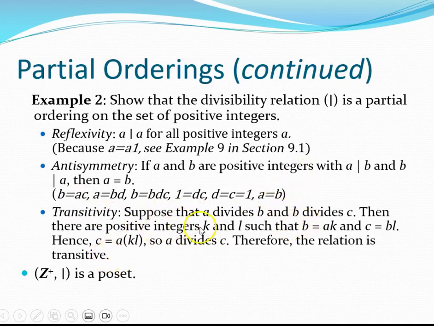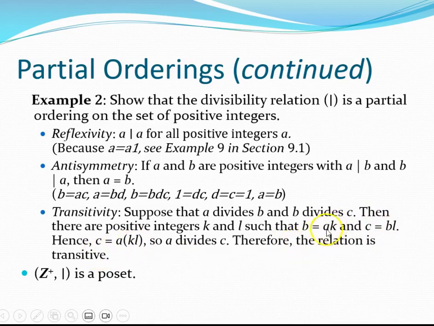Transitivity. a divides b, b divides c. It follows that a divides c. From the first relation, a divides b, we have b equals ak for a positive integer k. From the second, b divides c, c is bl for some positive integer l.